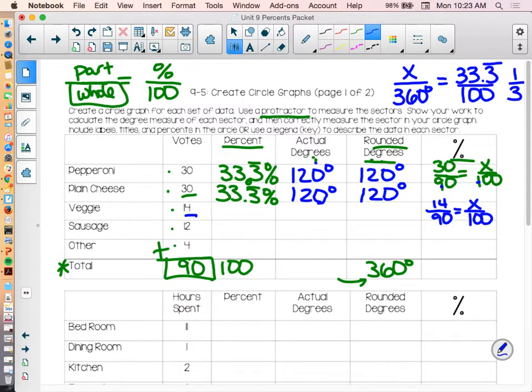We change it to being out of 360 when we're trying to find the degrees. So if you do 14 divided by 90 and then multiply by 100, or if you do 14 times 100 divided by 90, you should get an answer of 62.2 repeating percent.